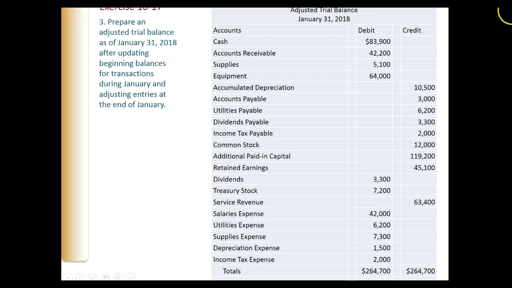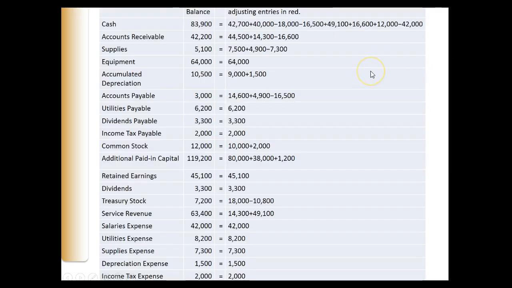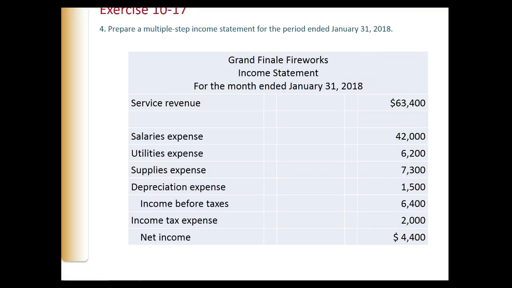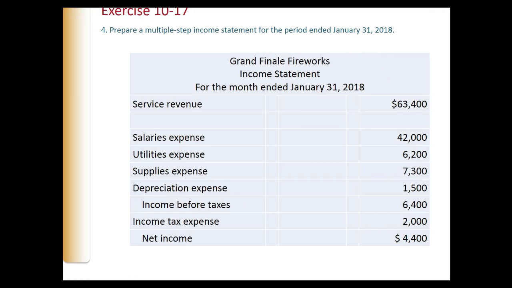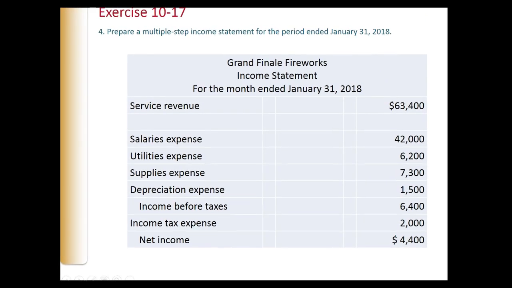So as you see here with this adjusted trial balance, we have basically taken all the beginning trial balance, plus we have adjusted all the various numbers by the various transactions we've entered plus our adjusting transactions.